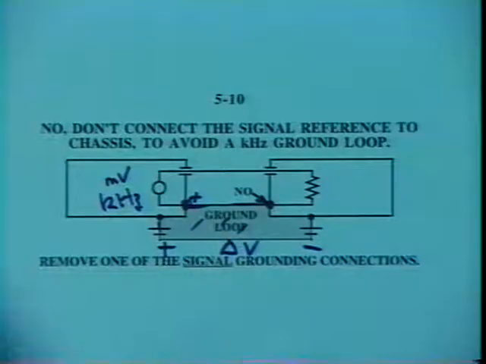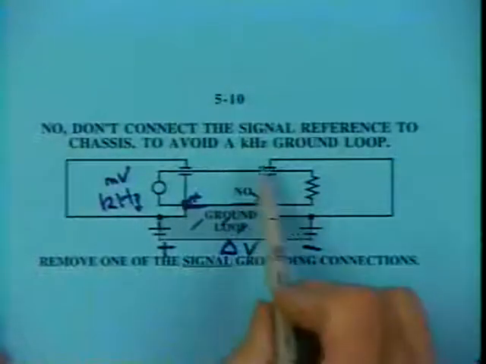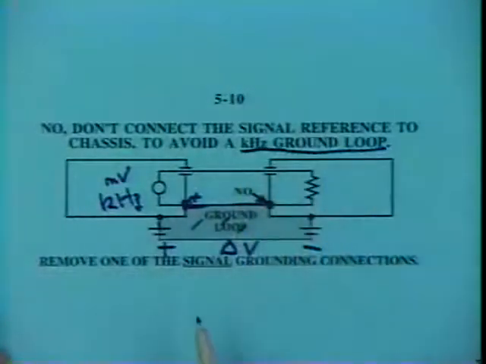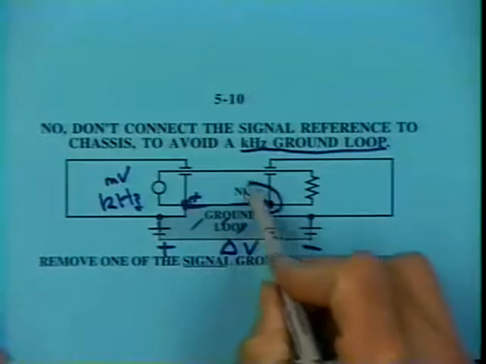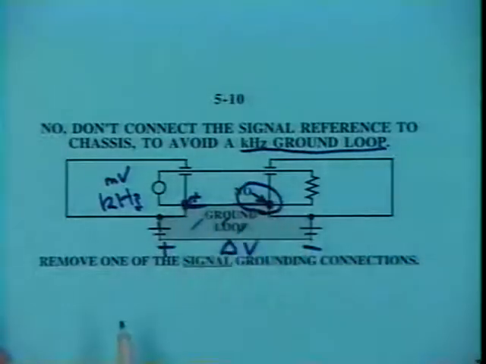But in this situation, do we want the signal reference in each of the two chassis tied to the metal box? I think the answer here is no. We do not want these multiple connections to the box, because then we get into a conductive ground loop problem. So to avoid the low frequency ground loop problem, we're going to need to remove one of these two connections.